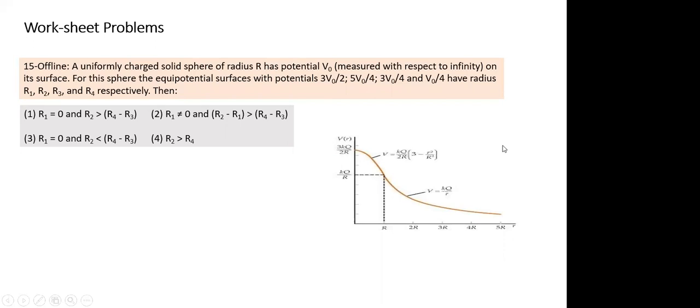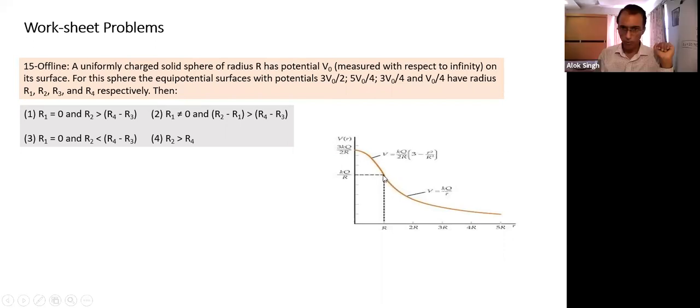Yes, sir. So this is the distribution. Beyond this point, it varies as 1 by r and decreases. Only an interior point will have potential higher than V0. Outside will have potential lower than V0. And at which point do we get 3 by 2 V0? At r equal to 0, at the center. So where is this point? This one is R1. So clearly R1 is equal to 0. So option 2 is gone.